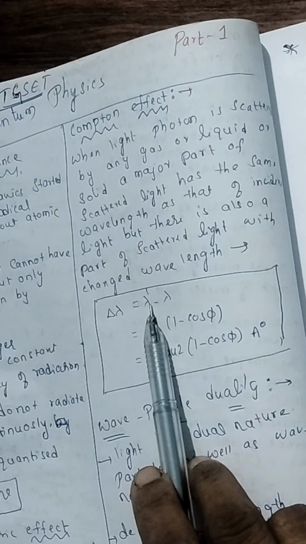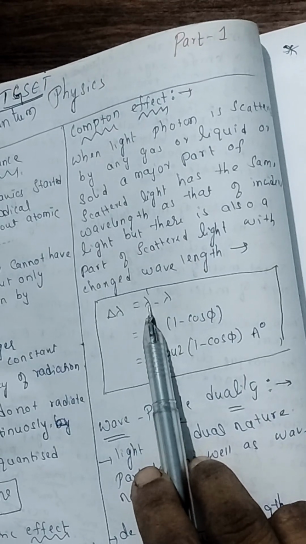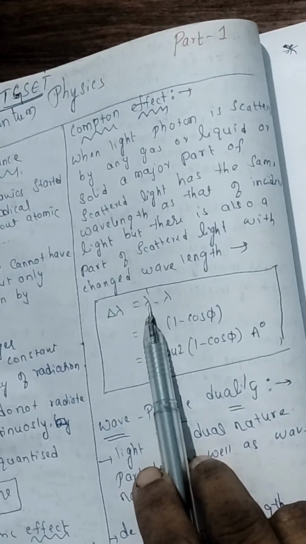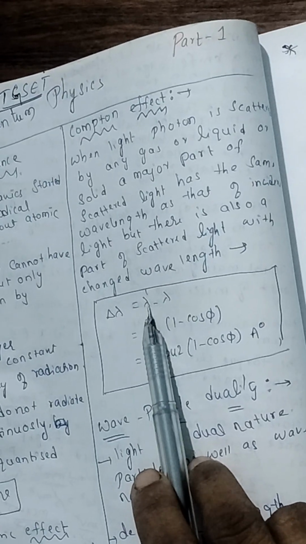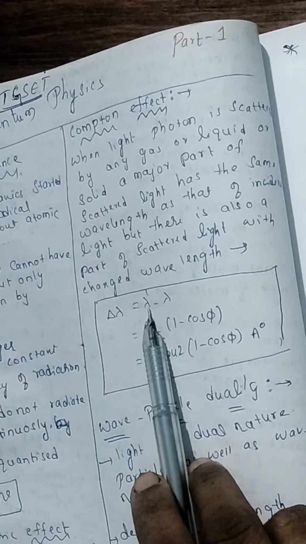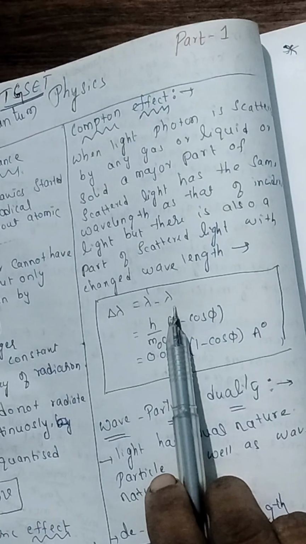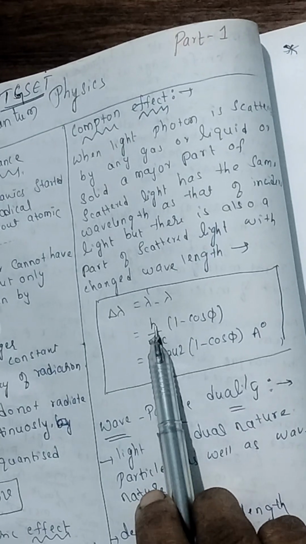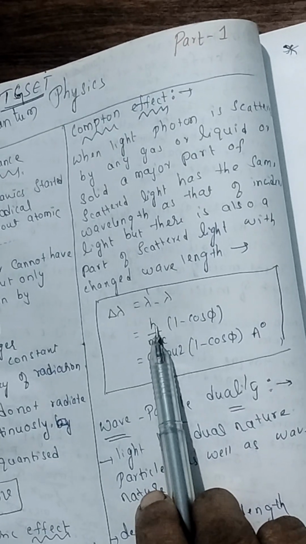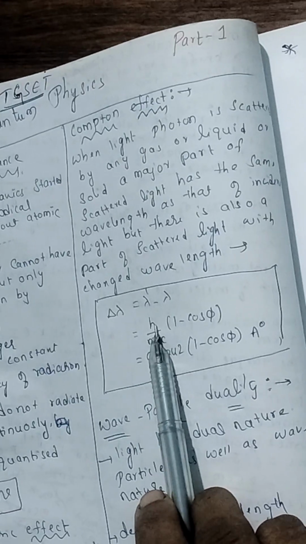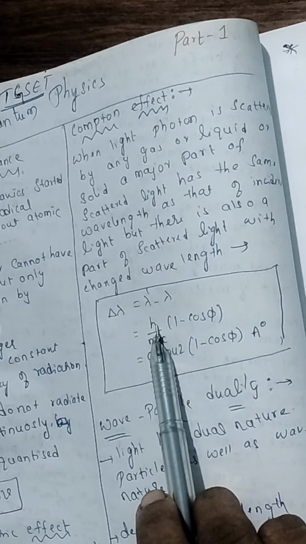Here lambda dash is the wavelength of the scattered photon. Lambda is the initial wavelength of the incident photon. H is Planck's constant, whose value is 6.626 into 10 to the power of minus 34 joule second.